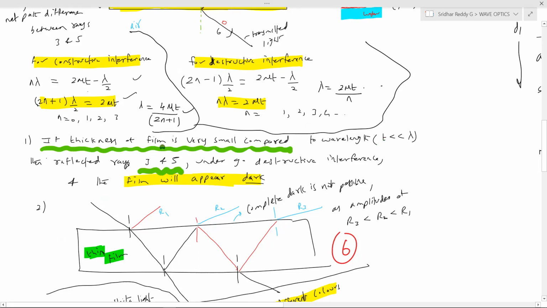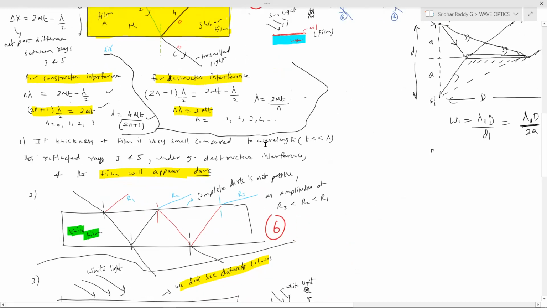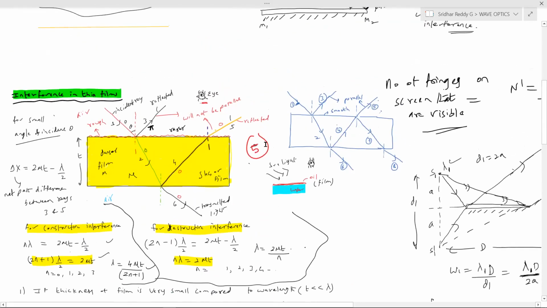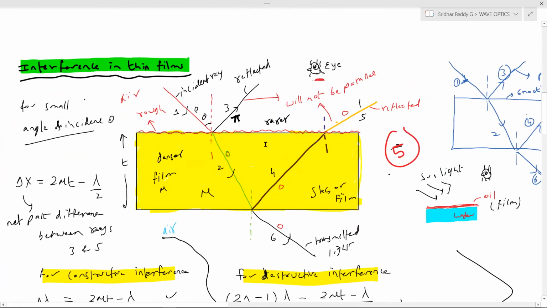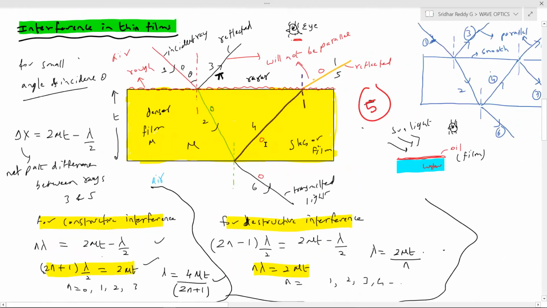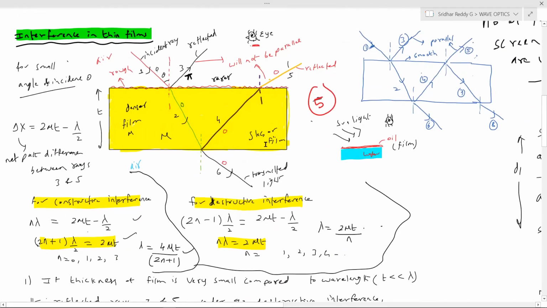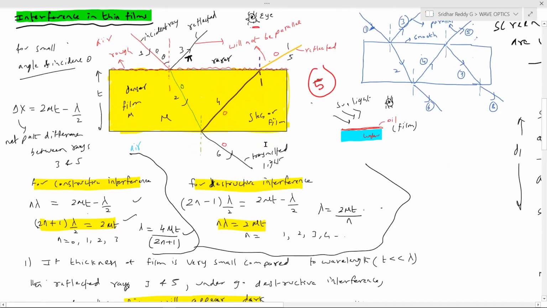What is the reason for that? What is the phase difference between rays 3 and 5? The phase difference between them is pi radian.